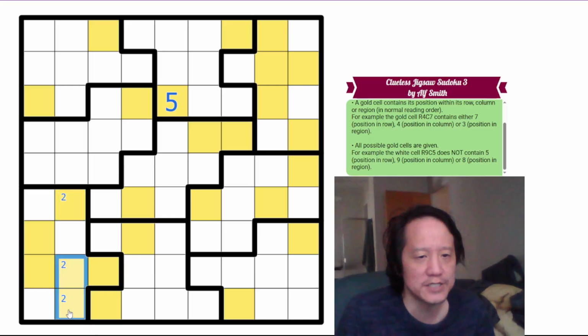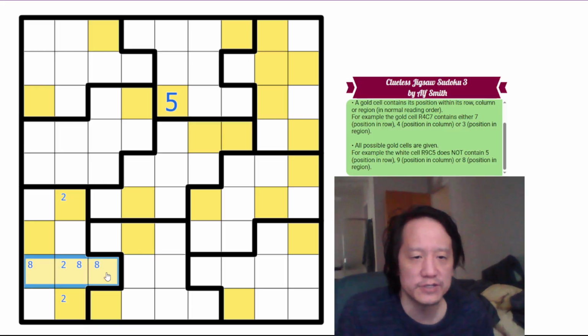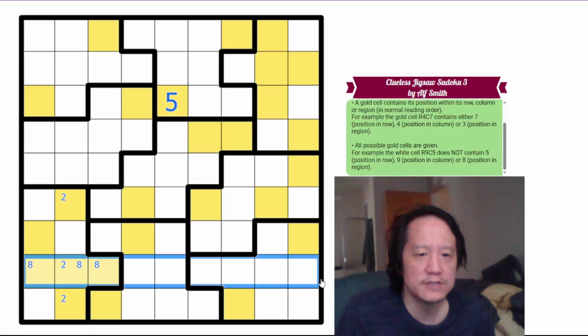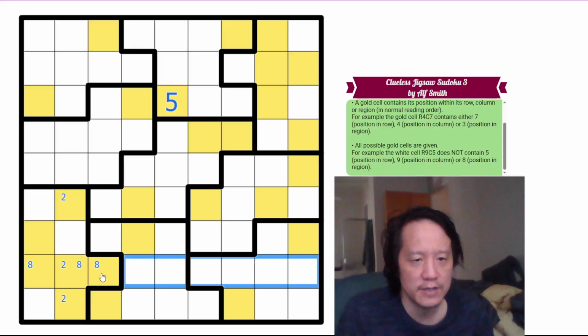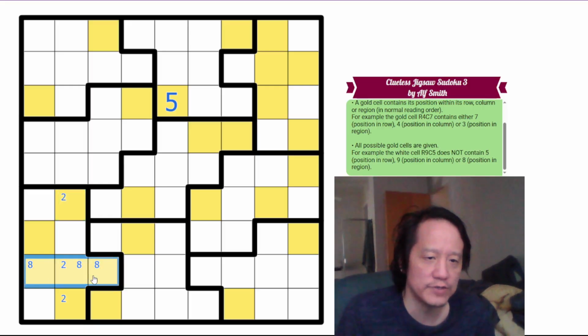Same with the 8. 8 has to be one of these 3 cells in row 8 because none of these are matching, so none of these can contain an 8, which forces an 8 to be here. So the 8 in region 7 has to be one of these 3 cells too.